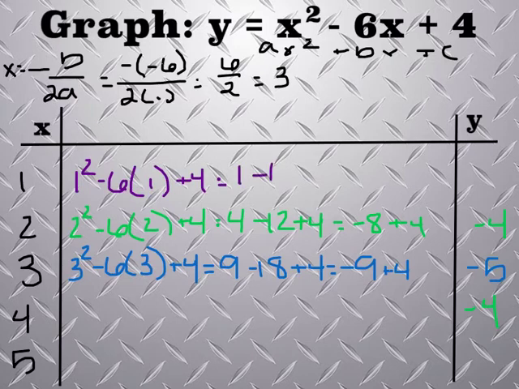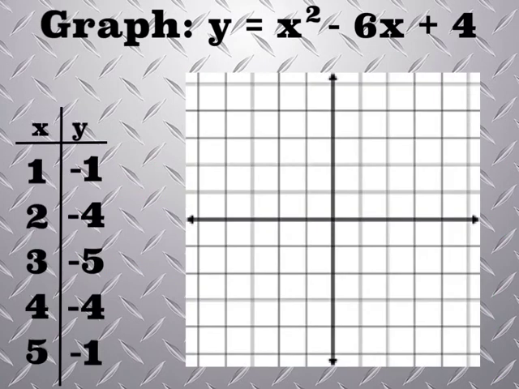That will be 1 minus 6 plus 4, which is -5 plus 4, which is -1. If 1 is -1, 5 will also be -1. So we just found all of the values that we need to move on and graph.